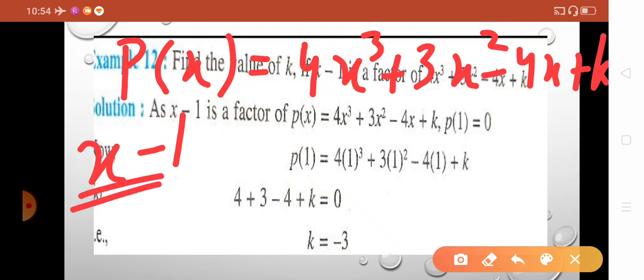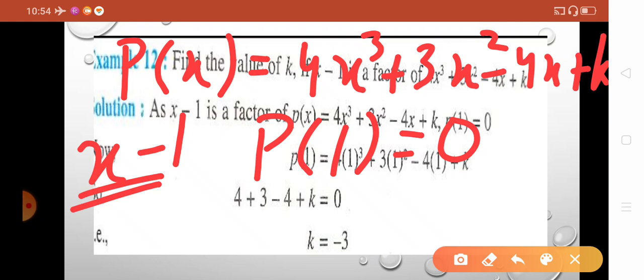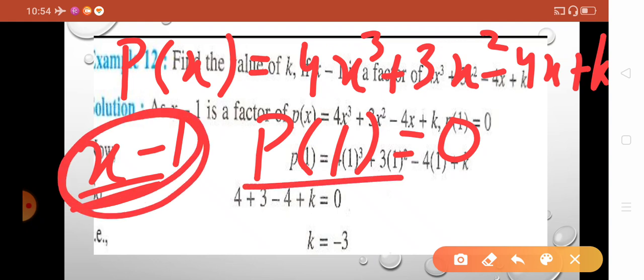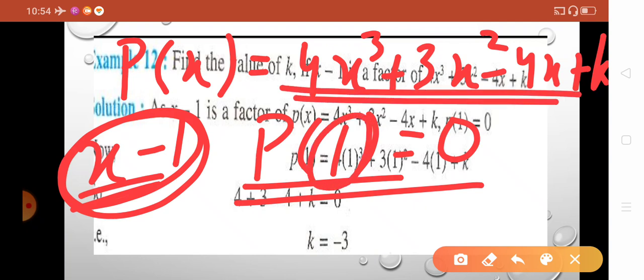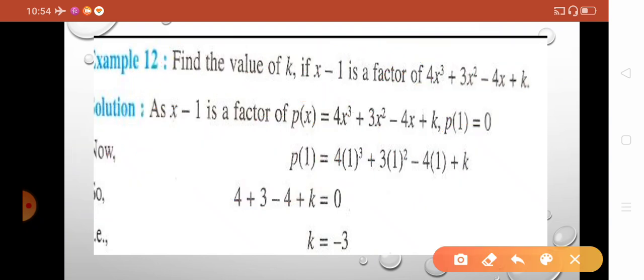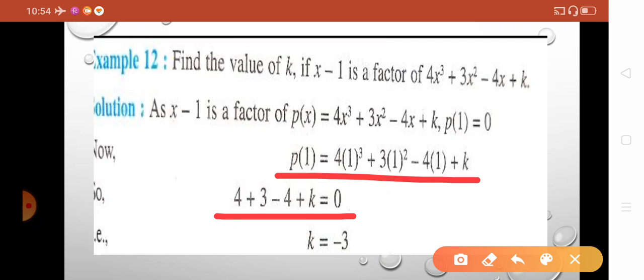If x minus 1 is a factor, then p of 1 is equal to 0. So we will put the value x equal to 1 in this polynomial and set it equal to 0. From here we will get the value of k equal to minus 3.